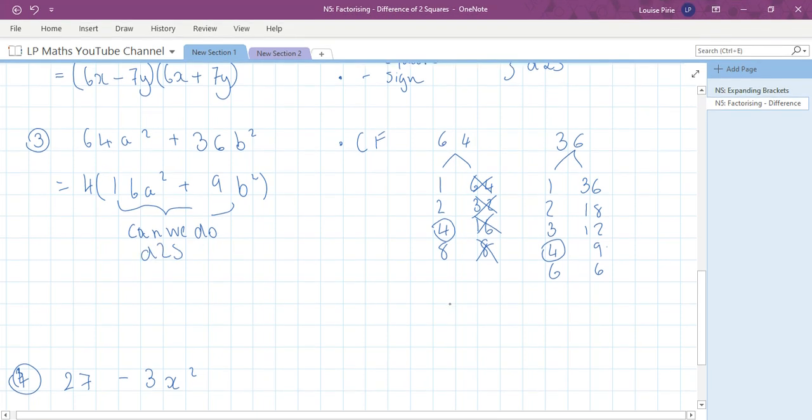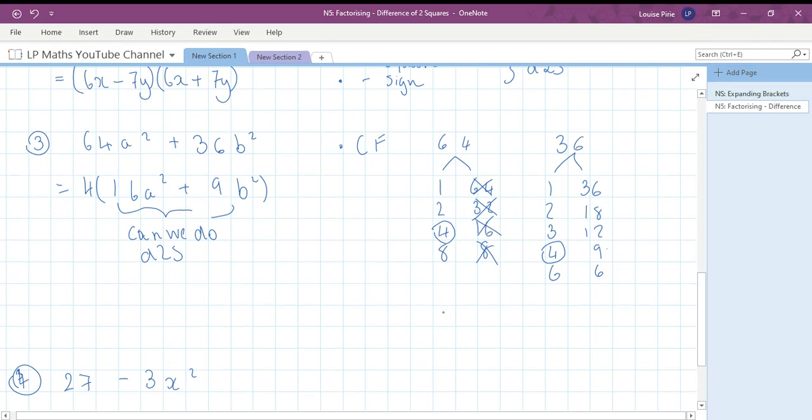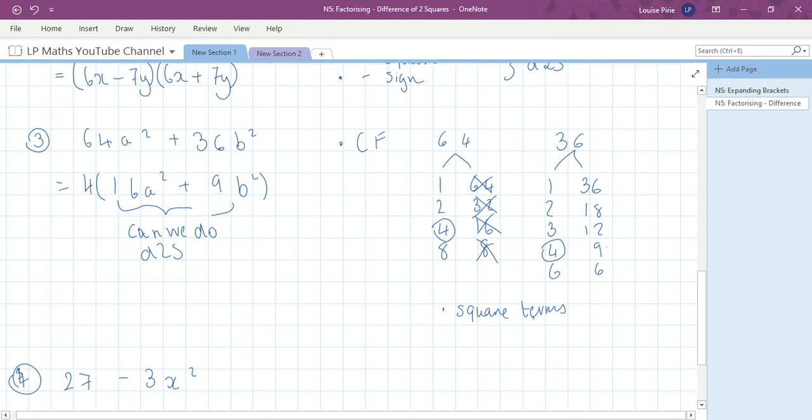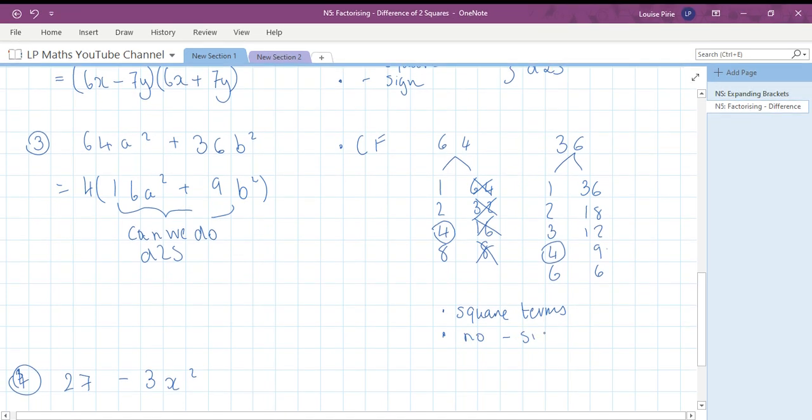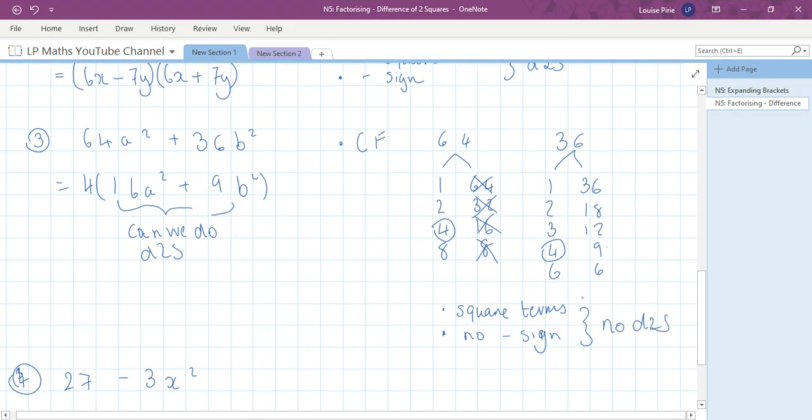So we have two square terms, yes, but we do not have a minus sign. Therefore, there is no d2s, and this is the final answer, your 4 bracket 16a squared plus 9b squared.